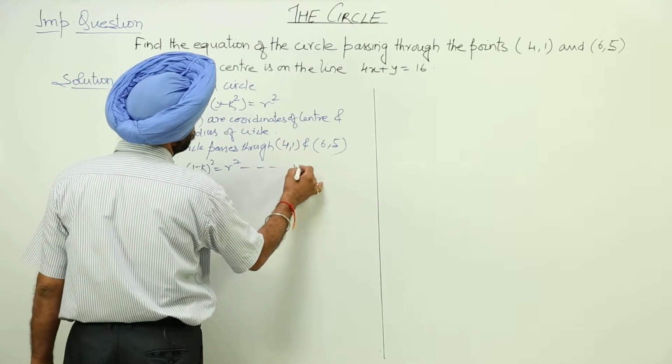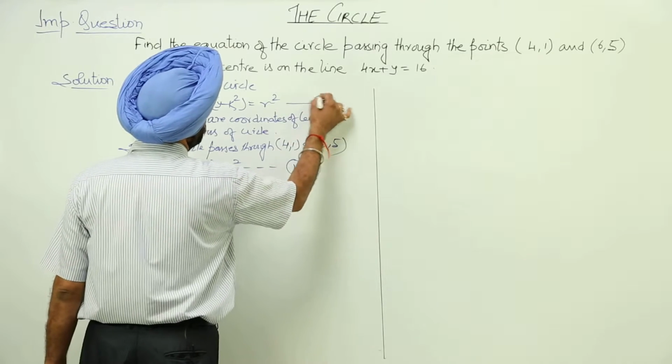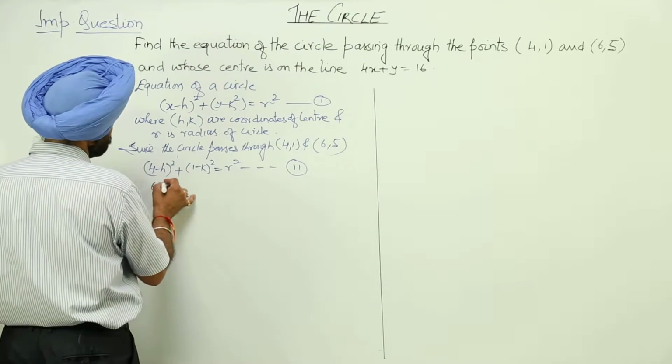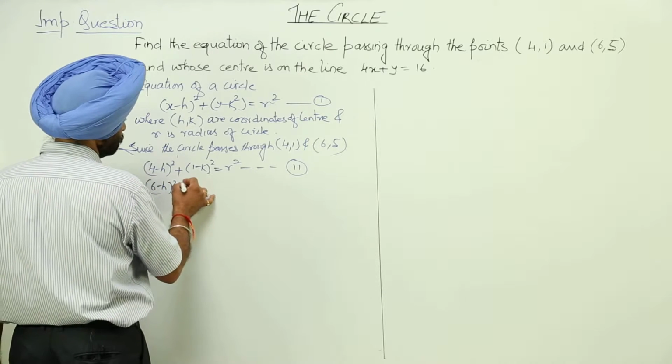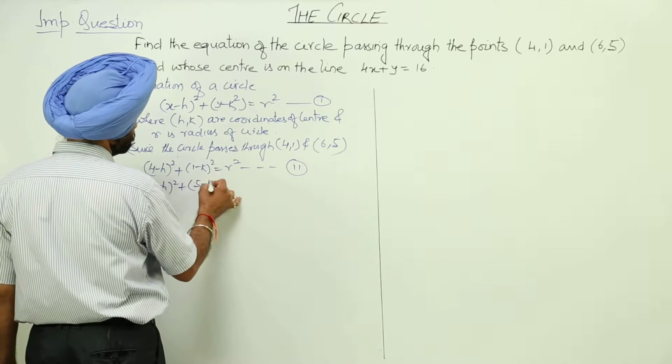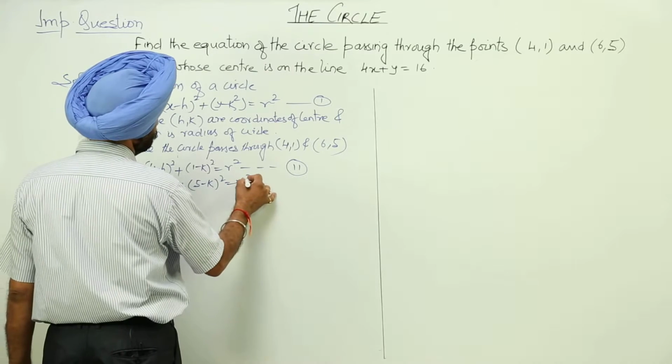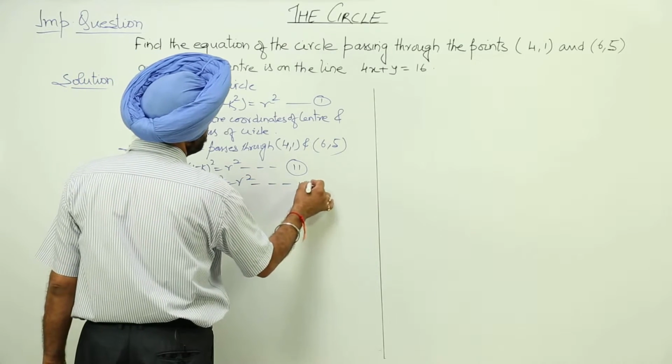Let this be equation number 2, with equation 1 being the standard form, and (6 − h)² + (5 − k)² = r², equation 3.